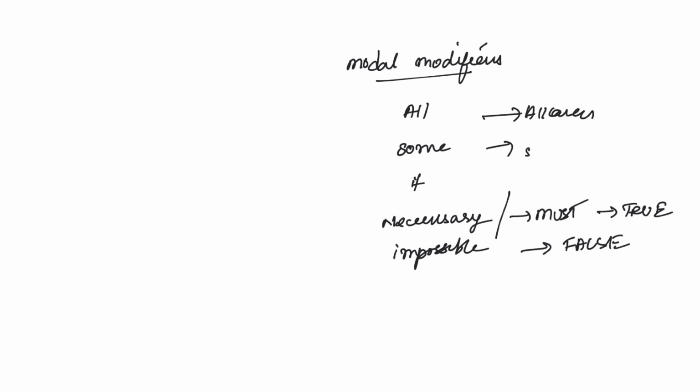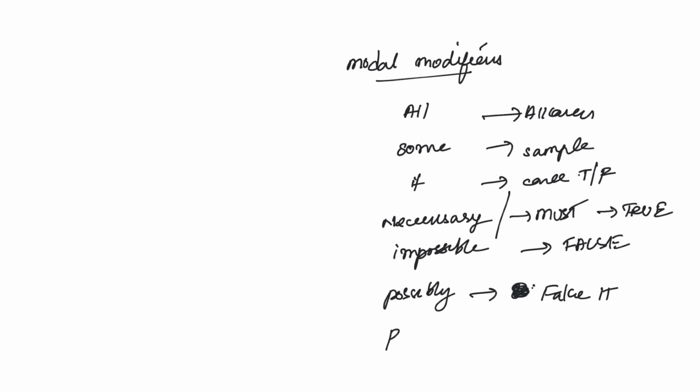This is a sample. This is a case, for example. Case true or false. Then we have possibly. We have, let's say, an 80% chance, I don't want to specify numbers, of a more false chance than true. We have probably, where there would be a more true chance than false. So there are a few modal modifiers in this case.